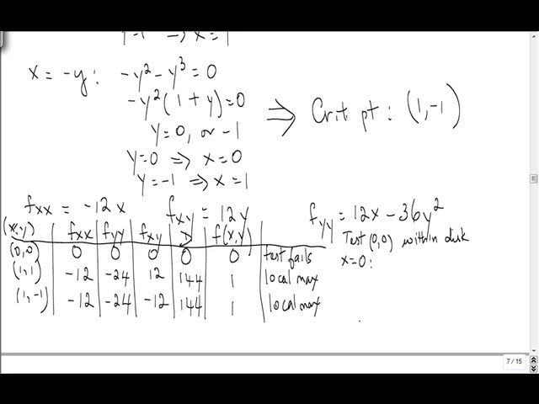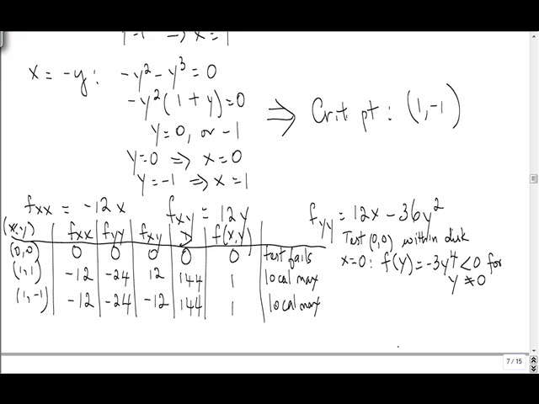Put 0 into the function. We have f of y equals minus 3y to the 4th. And this is always less than 0 for y not equal to 0.